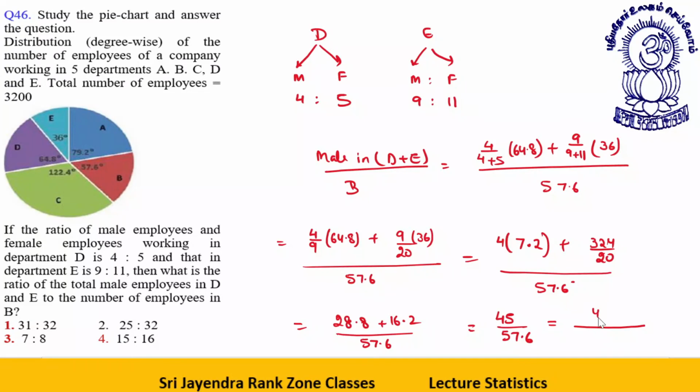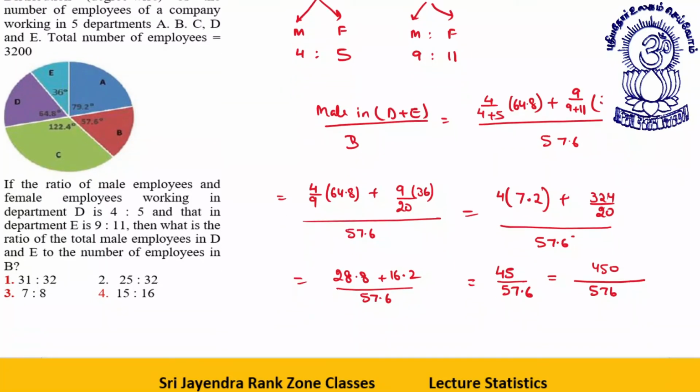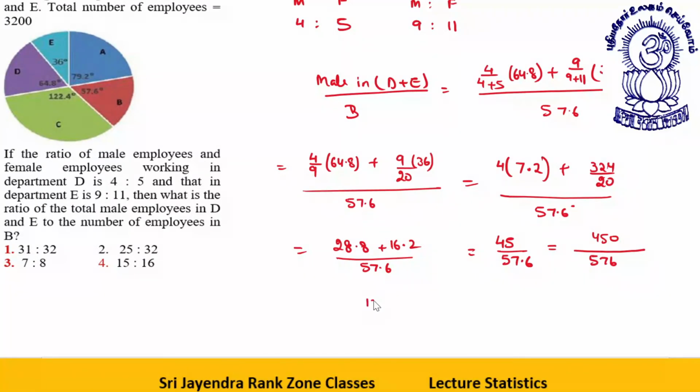You can solve this. This is like 450 divided by 576, and you know this is like 24 square. 24 is made up of 3's, so you can cancel this by 3. In fact, they can be cancelled by 9 also.